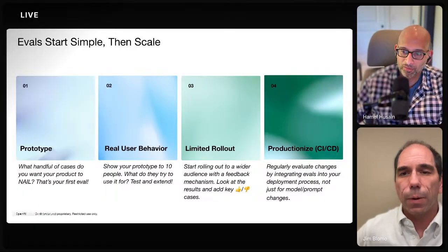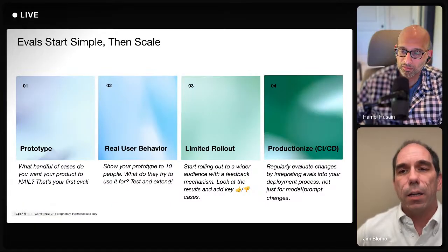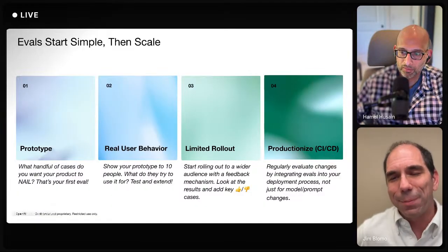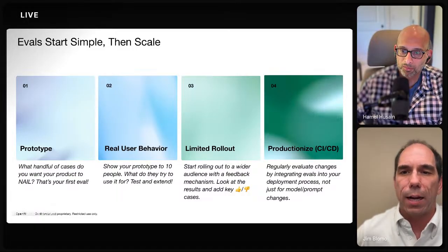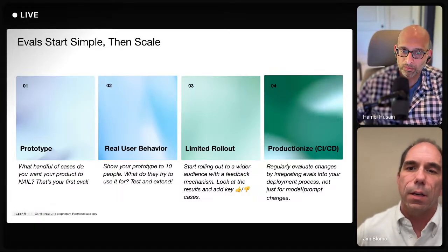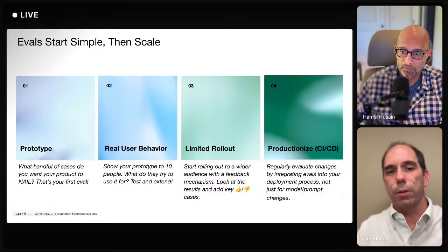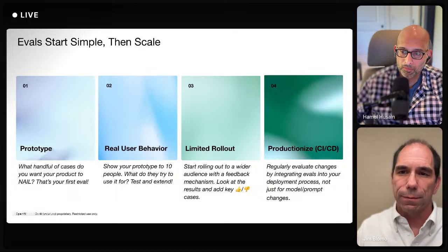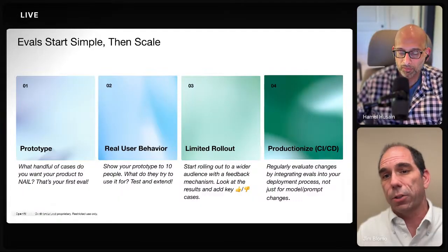Yeah, that's right, and I think going on vibes is a very common starting point for our customers as well. The key difference is write down the vibes. Have some mechanism of tracking them, because I think what happens very easily is you go past the vibes, you start getting these real user behaviors, you start doing a limited rollout, and then you've kind of forgotten or are not tracking those initial cases that you want to make sure are right.